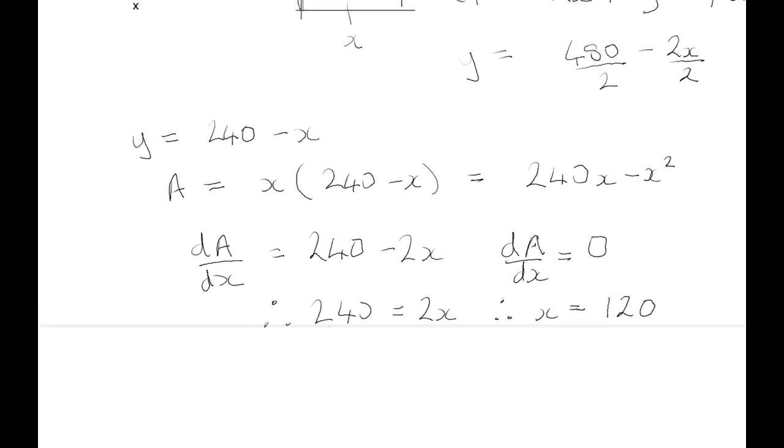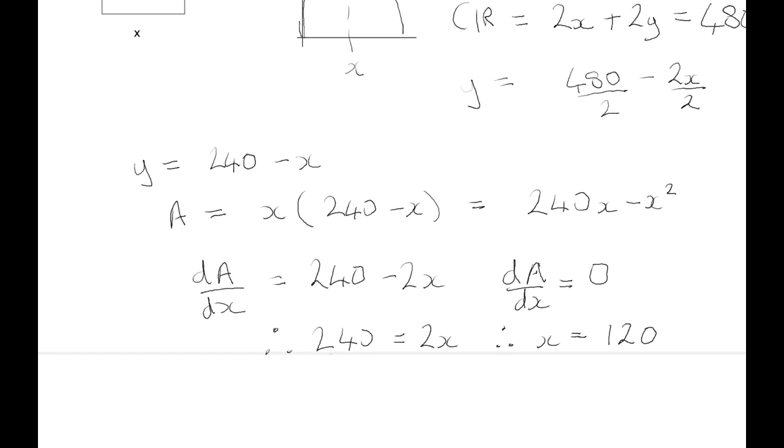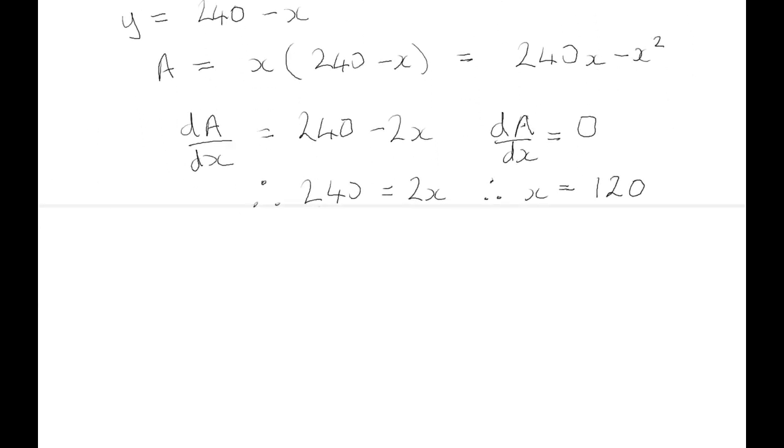Okay, so then what is the area that's covered when we've got x equal to 120? So basically we've got a square, haven't we, because 120 happens to be a quarter of our 480, so we've got 120 times 120 gives us the area, and 120 squared, easy to do in your calculator, and I'm sure some of you can do it in your head, gives us a total of 14,400.